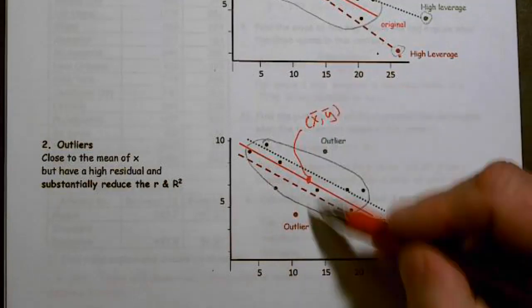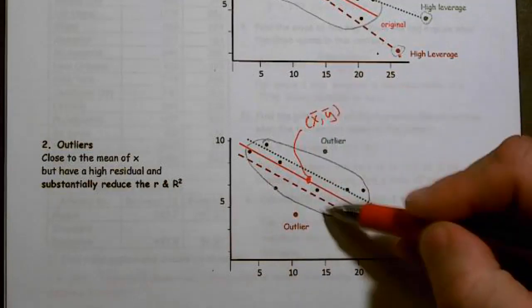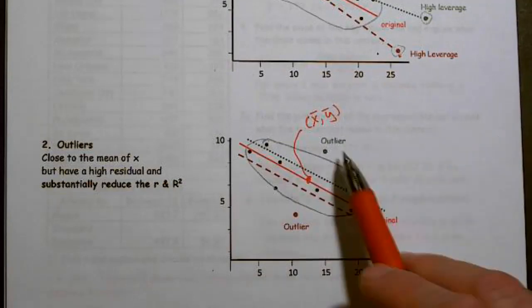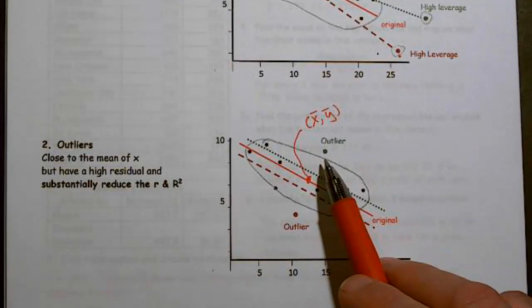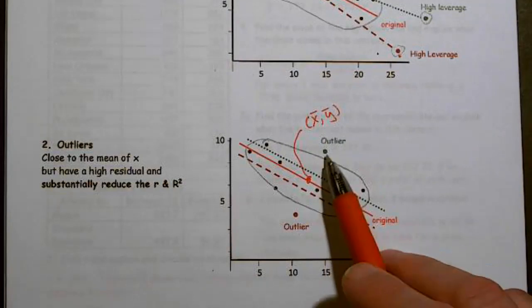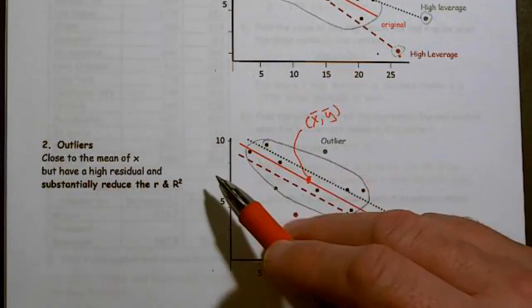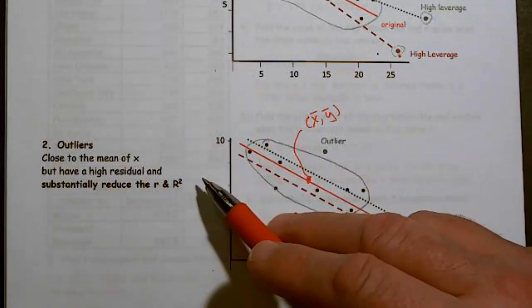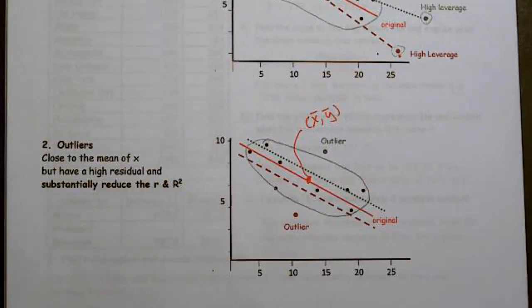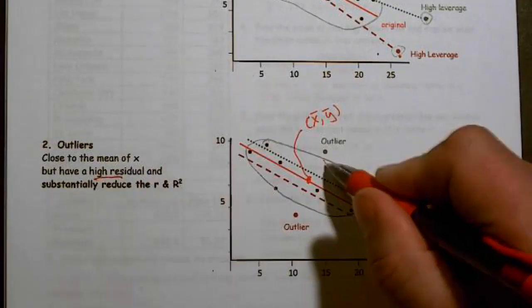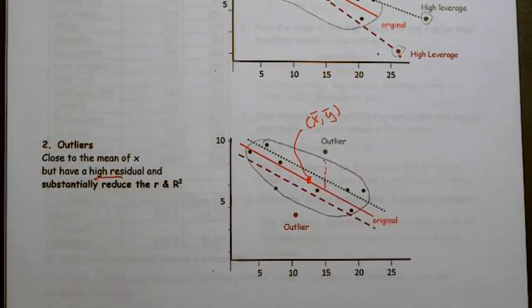That'd be the average, because that's about right here in the center of all those data points. And by the way, your average will always lie on the line. An outlier is one that's close to the mean, but has a high residual, all right? It must have a high residual, which means it's a long way from the predicted line.